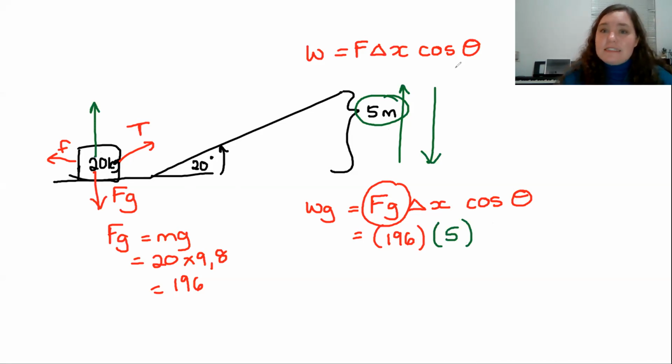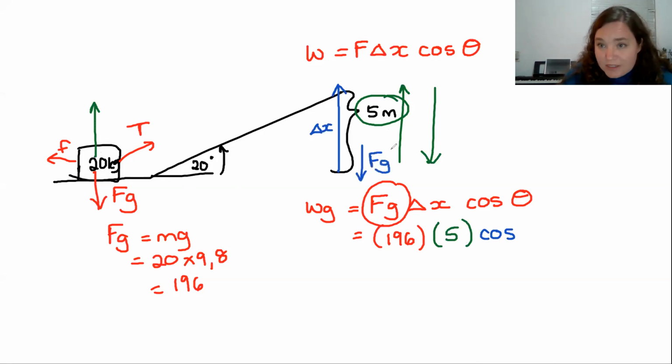And the cos gets a little bit tricky, which is why you need to think, but this is what we're going to be practicing on. This object has had a vertical displacement upwards. Gravity acts downwards. Gravity always acts downwards. Up and down are 180 degrees apart. So therefore, this will be cos of 180.